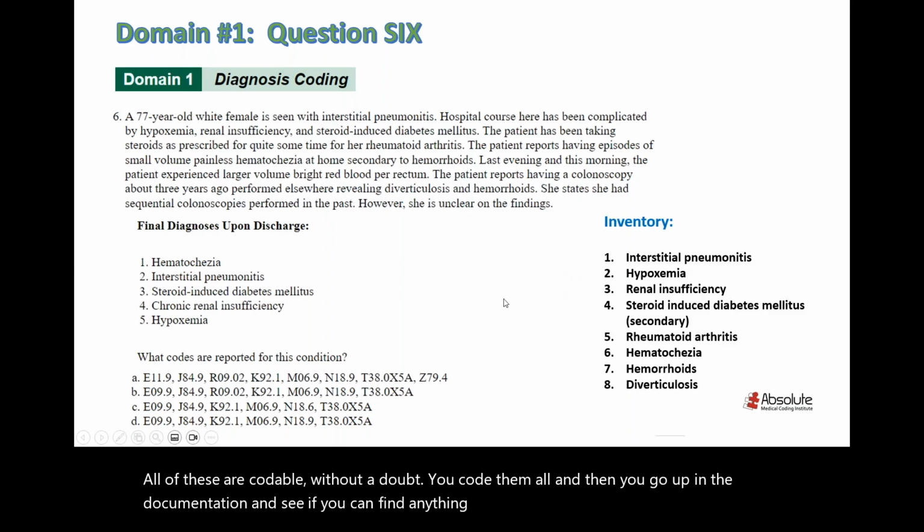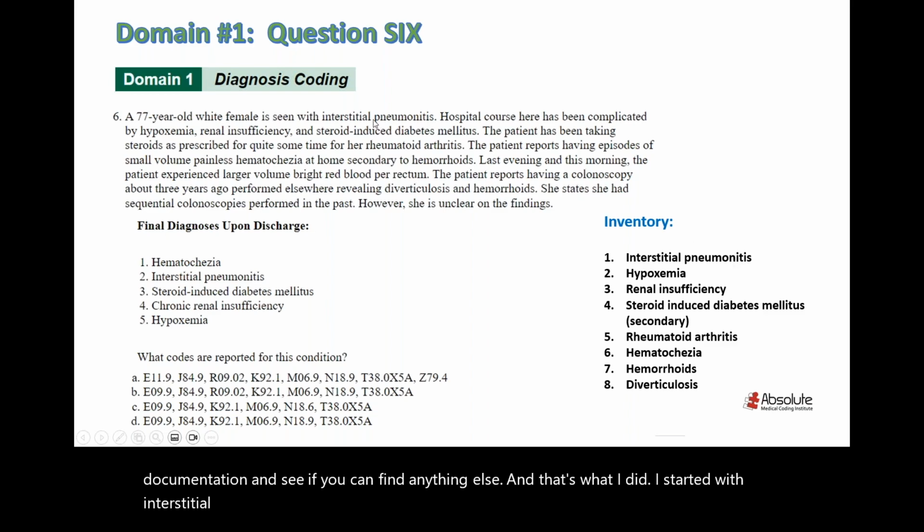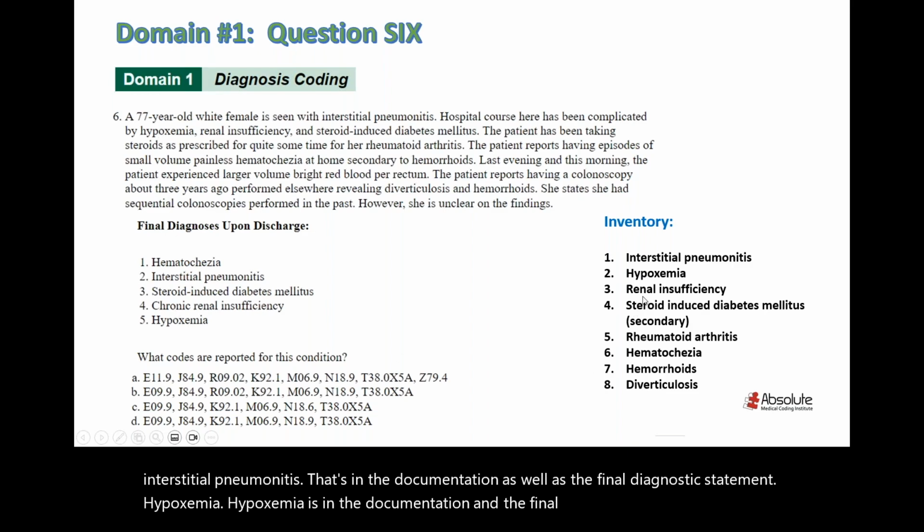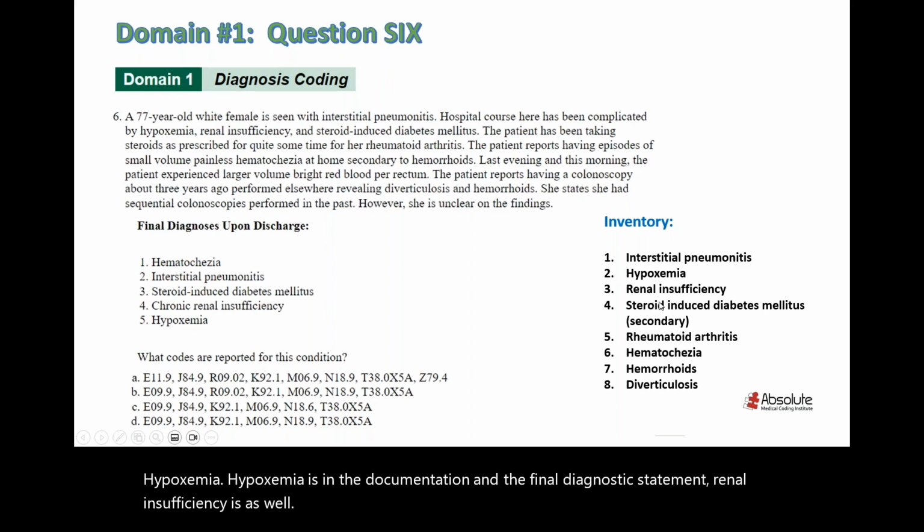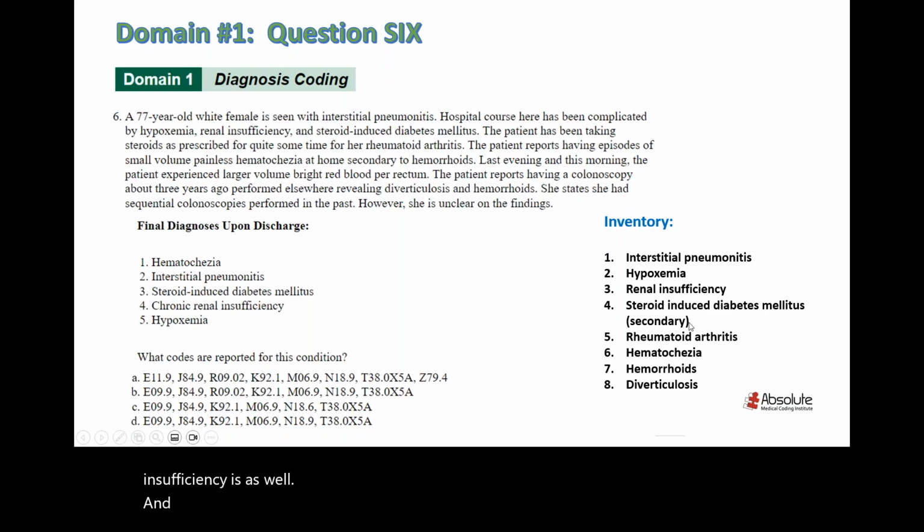And that's what I did. I started with interstitial pneumonitis, that's in the documentation, as well as the final diagnostic statement. Hypoxemia is in the documentation and the final diagnostic statement. Renal insufficiency is as well, and steroid-induced diabetes mellitus. And I put in parentheses that it's secondary diabetes, right?